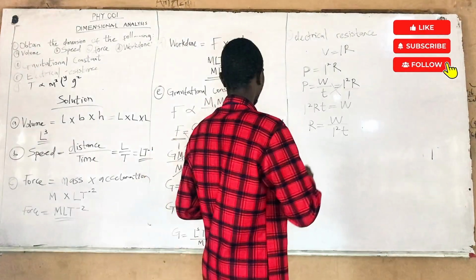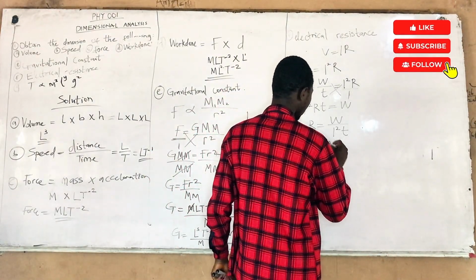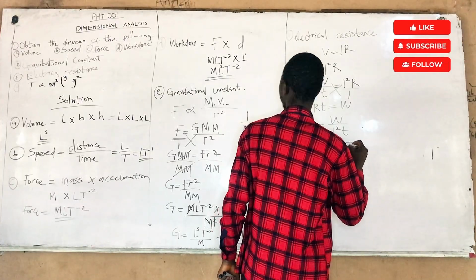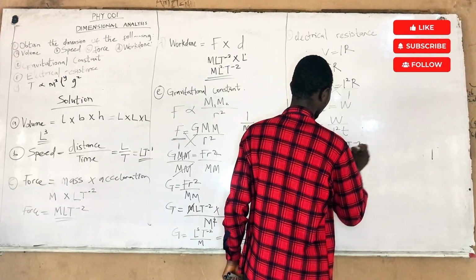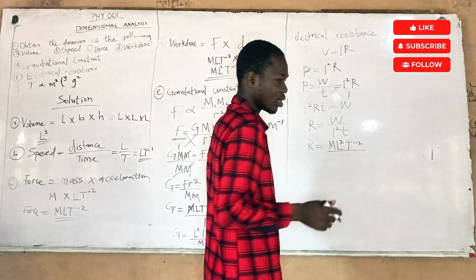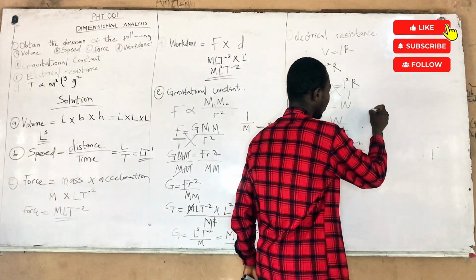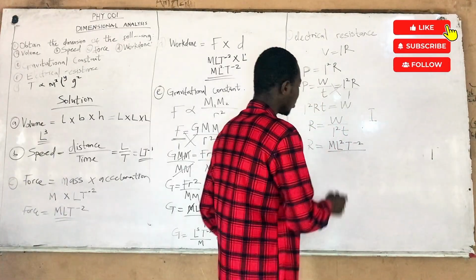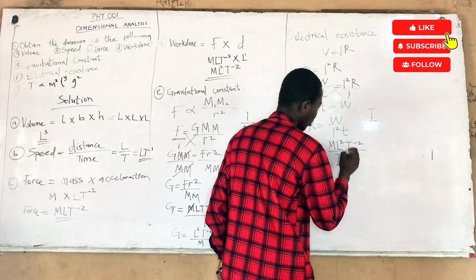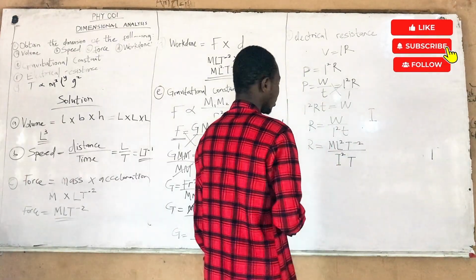So we can easily put that our work done is L square T raised to minus 2 over I. From our last class, the dimension for current is capital letter I, right? We can say our I here is I square, and our T here is capital letter T, right?